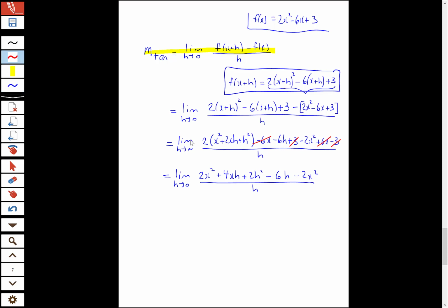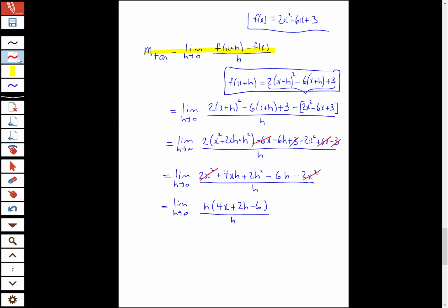So another little bit of cancellation, the 2x squared and the minus 2x squared will cancel. And now we're in this nice place where every term in our numerator has a factor of h in it. Okay, so it's factoring time. We've got limit as h goes to 0 of h times 4x plus 2h minus 6, and that's all over h.